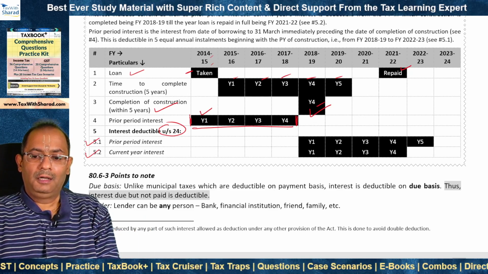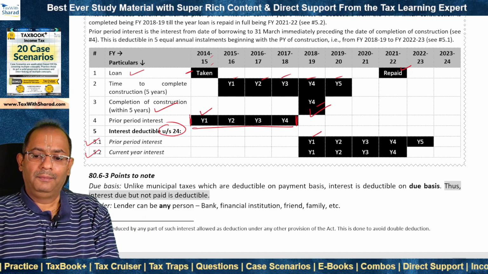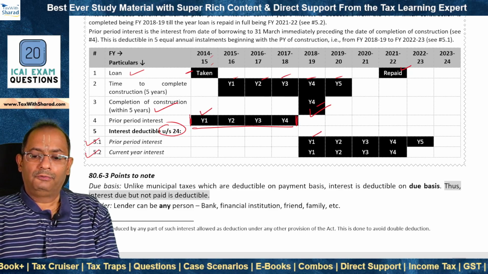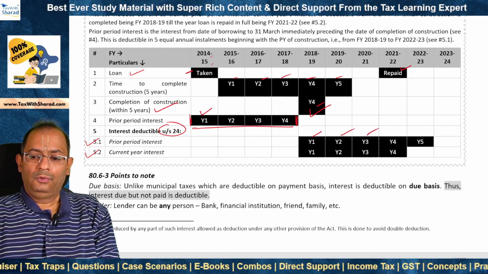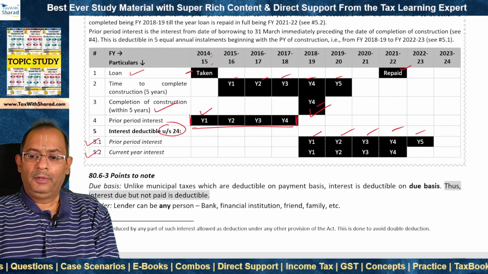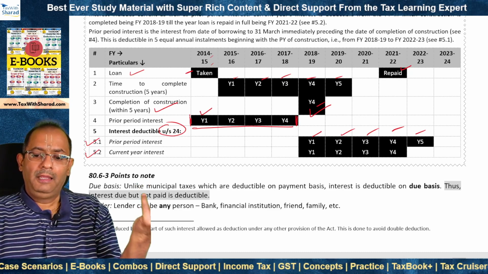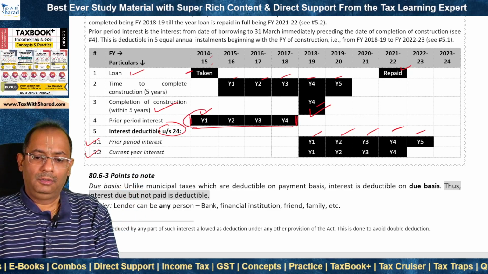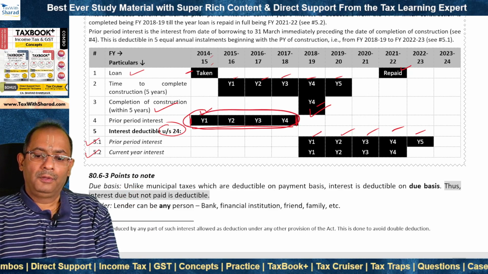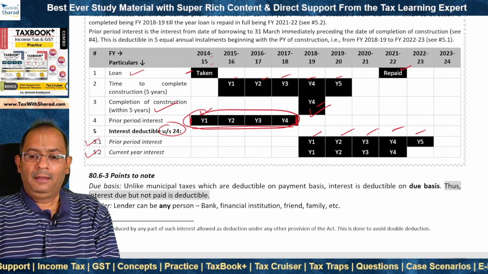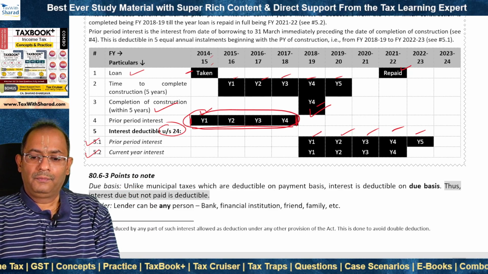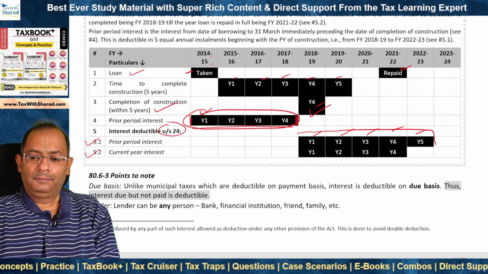So the deduction will start from 2018-19 and it will go on for 5 years, year 1, 2, 3, 4, 5, and it will go on till 22-23. 5 equal annual installments. So this interest that you compute, you will divide it by 5 and each installment will be allowed in this particular time period, right?